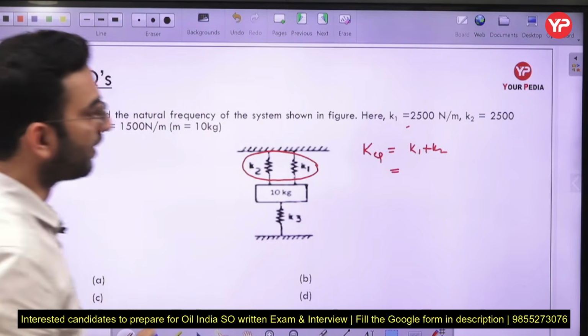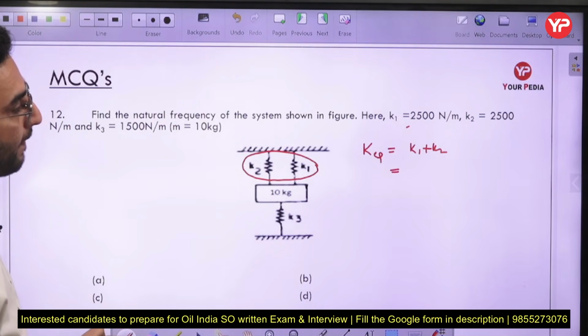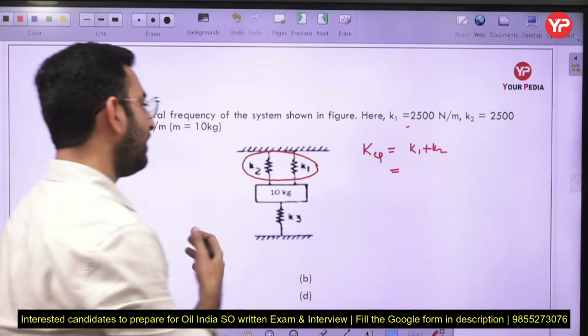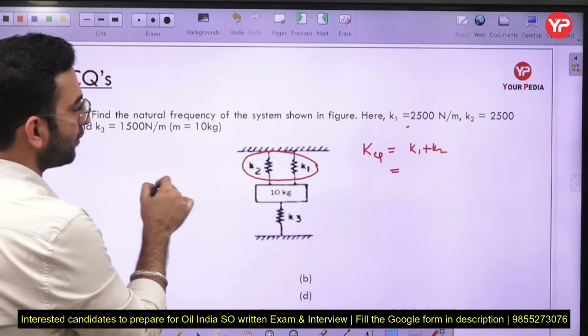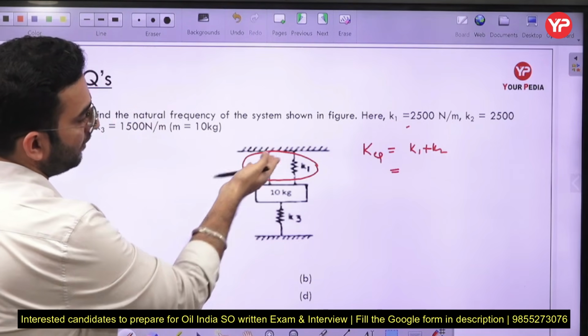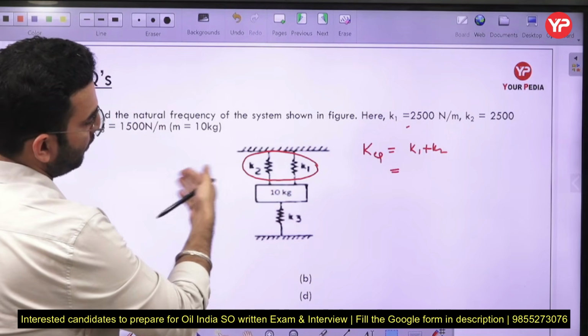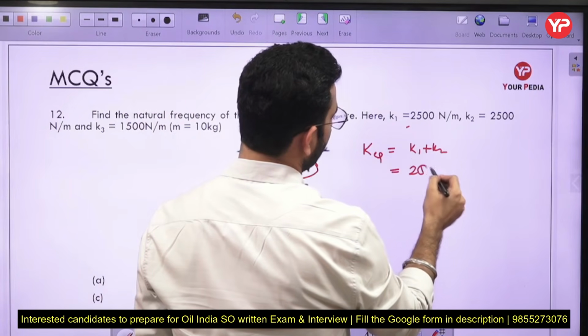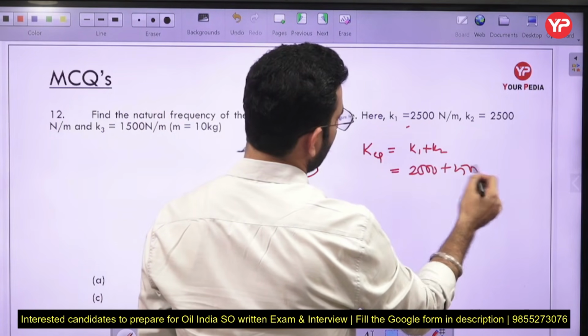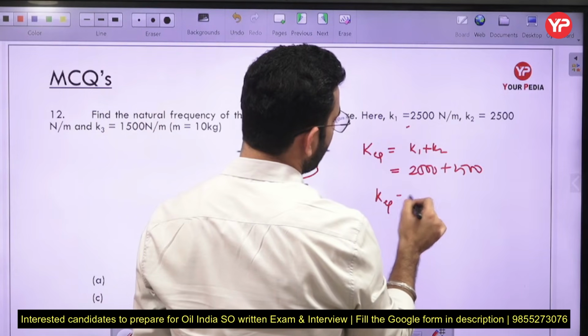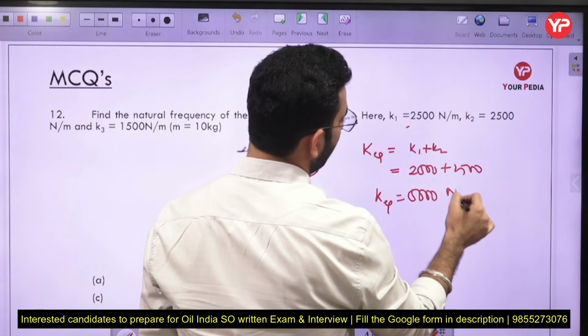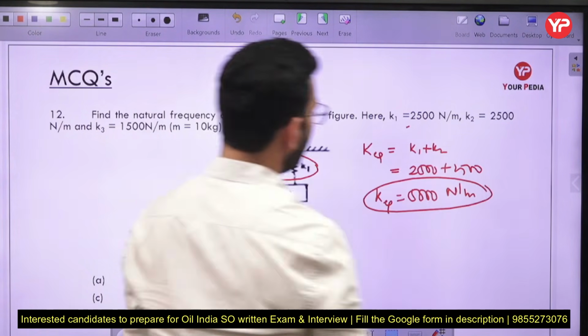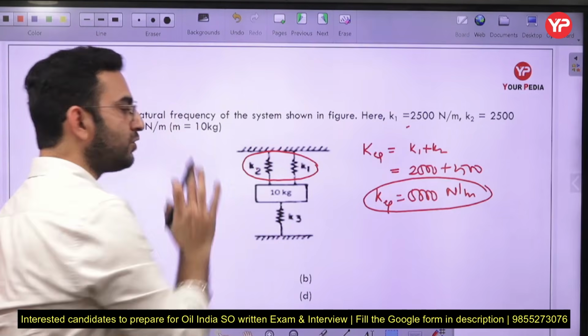It can be written this way: F is equal to F1 plus F2. Putting all the values here, you will find that K equivalent comes out to be 5000 Newton per meter. This is the equivalent stiffness of these two springs.